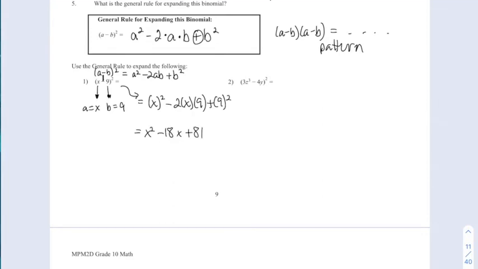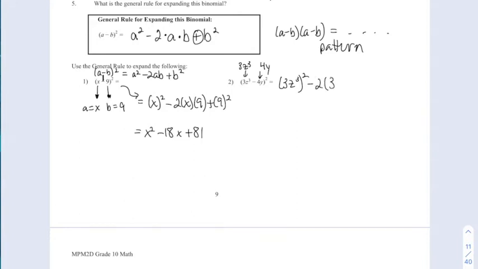Now you might be wondering why I'm not using the distributive property, but the whole point of this lesson is to recognize the pattern and use it instead of using the distributive property. So we're going to see why that's important in a second. So if I expand this, I can see that my a term is 3z cubed and my b term is 4y.